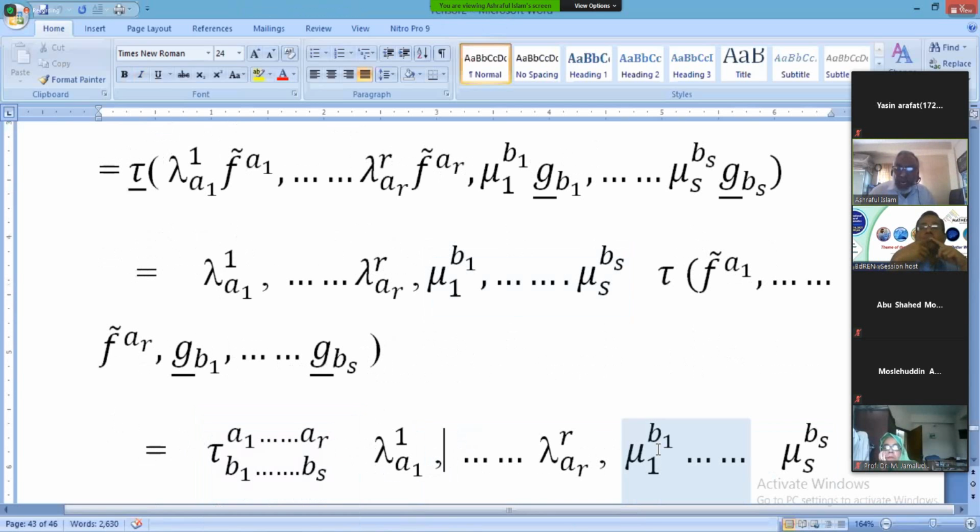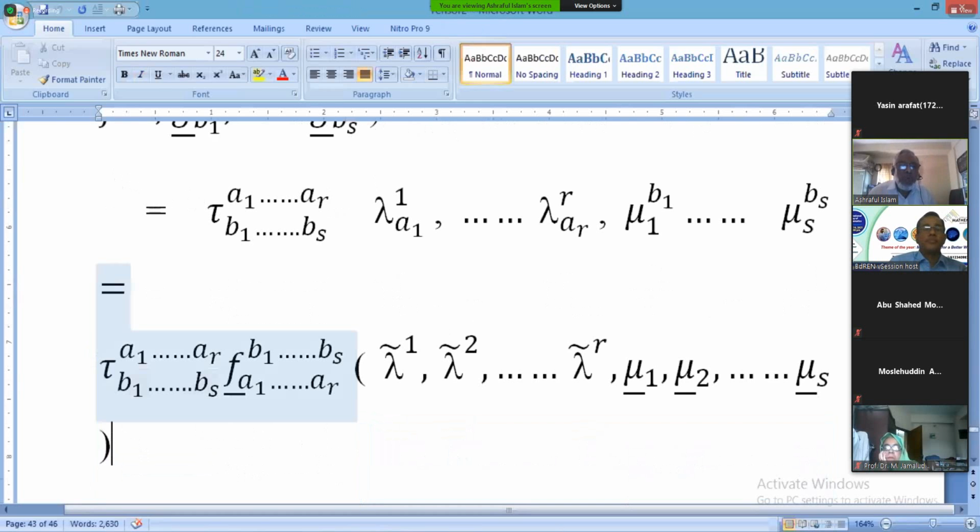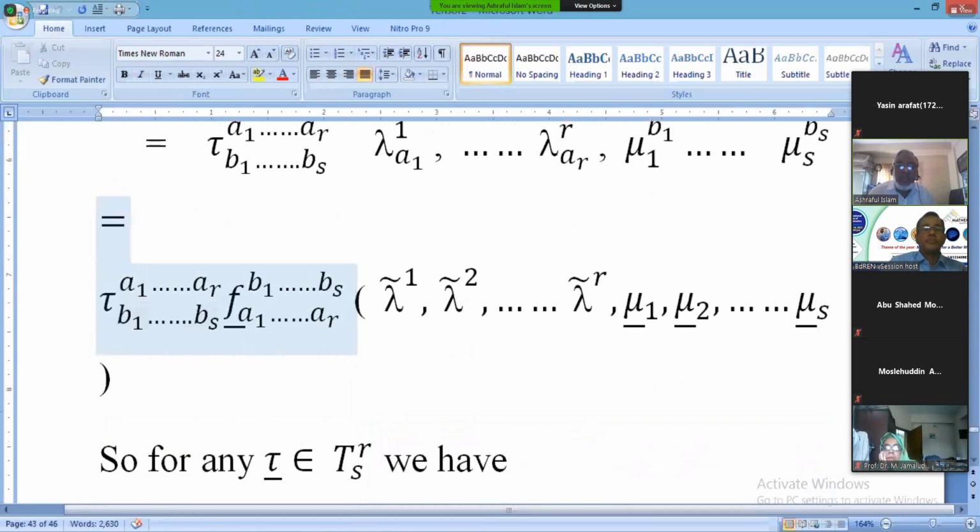Now using the earlier expression, we write this one. F of this one is this one. So we can eliminate the argument vectors from both sides. Then we can say that tau is a linear combination of this basis.